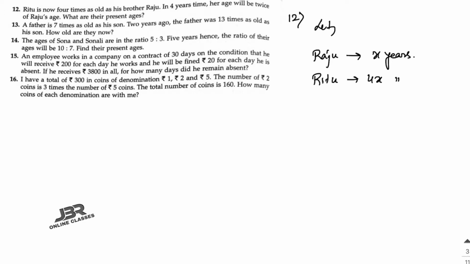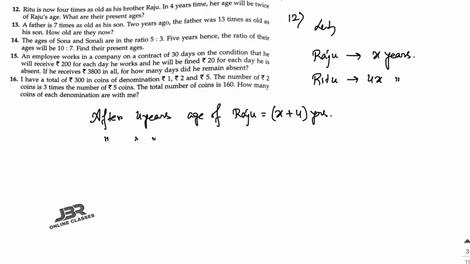Now in the next part, in 4 years time, her age will be twice of Raju's age. So that means here after 4 years, first you have to write down after 4 years age of Raju, that one equal to x plus 4 years, and after 4 years age of Ritu, that one equal to 4x plus 4 years.